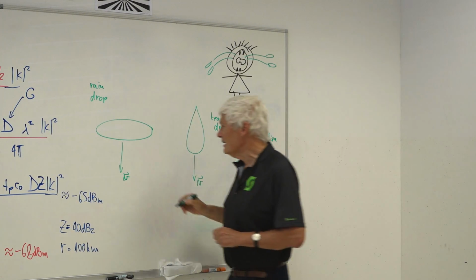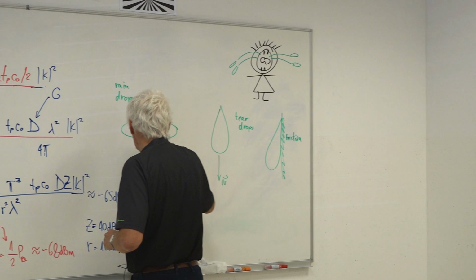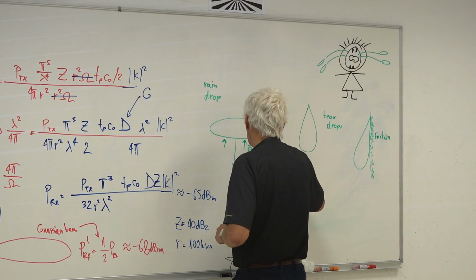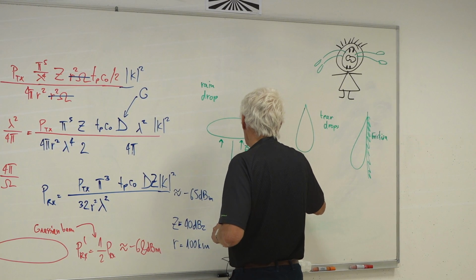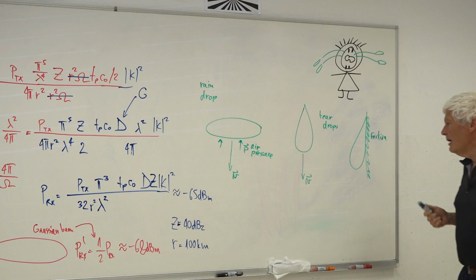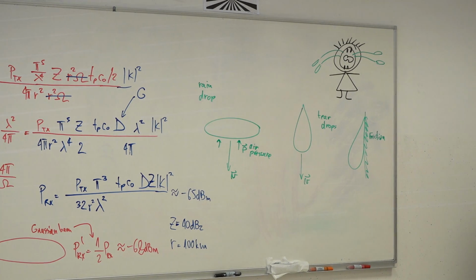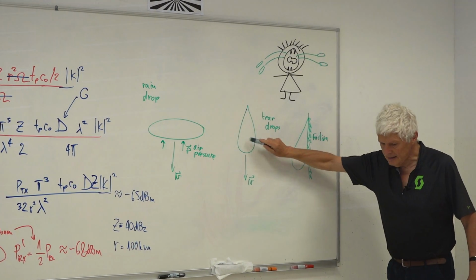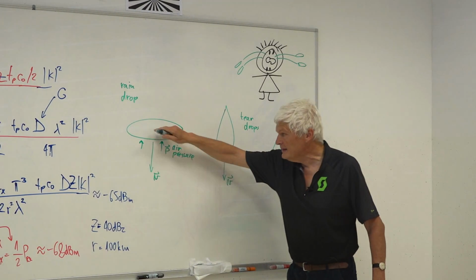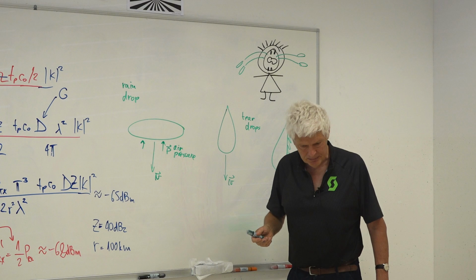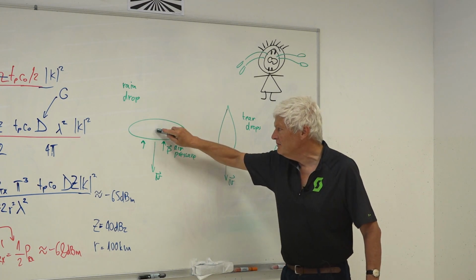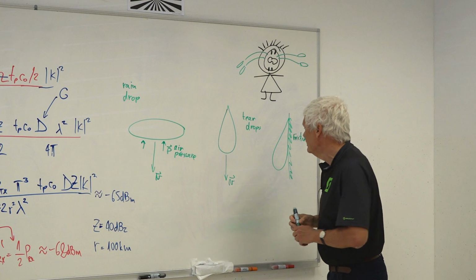But a real raindrop has air pressure here. So the real model for raindrops is not a prolate ellipsoid, like here, so an elongated ellipsoid, but rather a flattened ellipsoid, an oblate ellipsoid. That's a big difference. So raindrops have this shape, not these shapes.